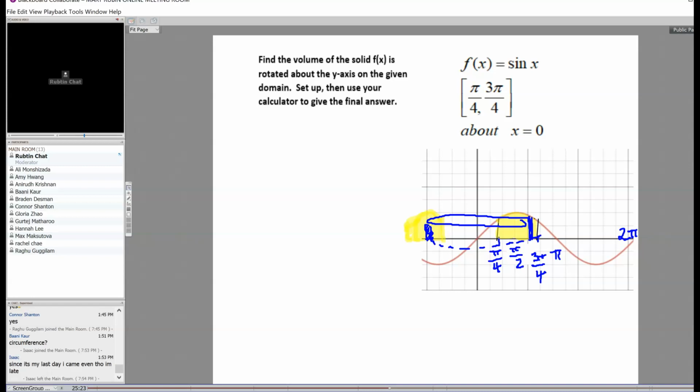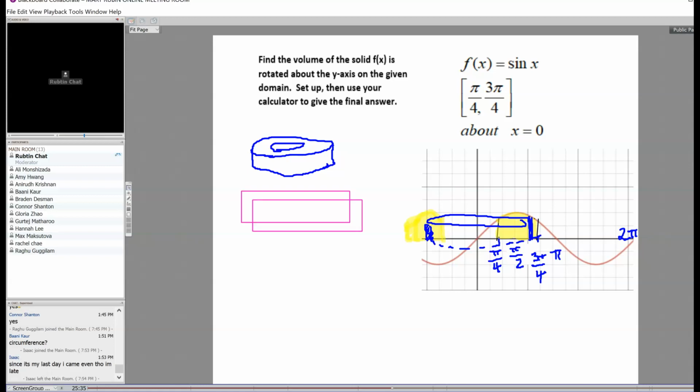If I take that shell apart and lay it flat, something like that, I don't have to do anything with the function. I can leave it exactly as it is. So here's my width, here's my length, here's my height.